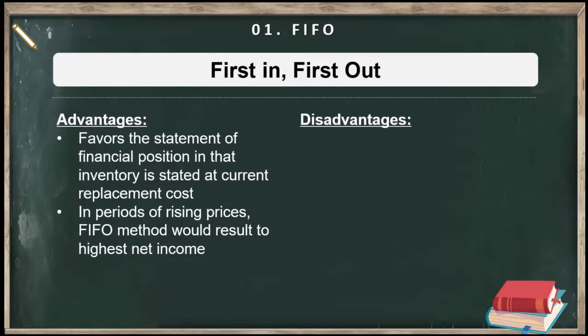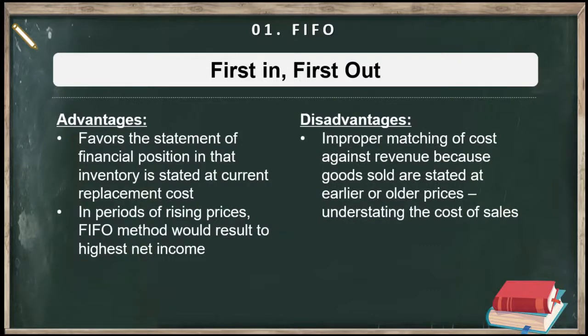The disadvantage for FIFO is that there would be improper matching of cost against revenue because goods sold are stated at earlier or older prices, thus understating the cost of sales. And our revenue is based on recent prices. So, wala sila nag-match.